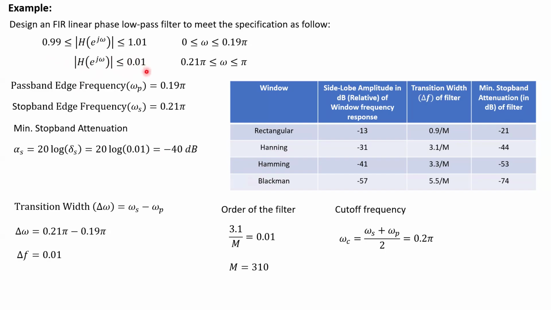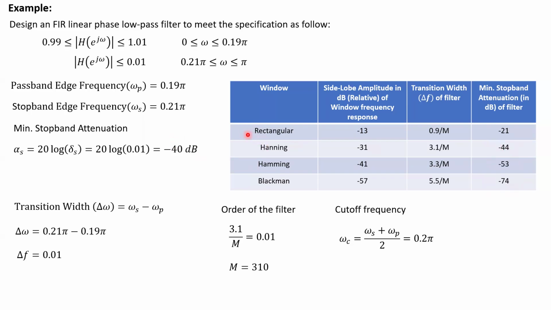So this attenuation should be either minus 40 dB or more than minus 40 dB, meaning it could be minus 50 dB or minus 60 dB and so on, right? So this can only be achieved if we choose either Hanning window, Hamming window, or Blackman window, because these values are more than minus 40 dB. Okay, so therefore we can choose only these windows.